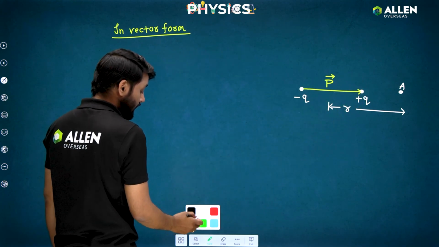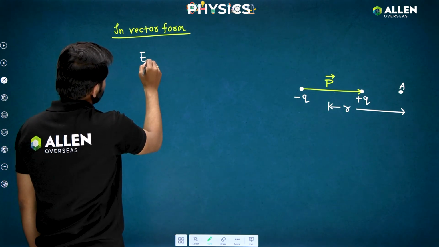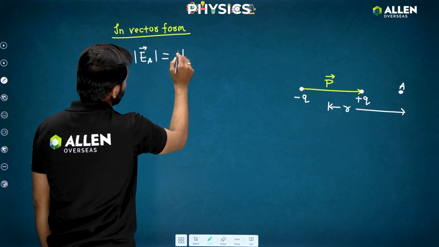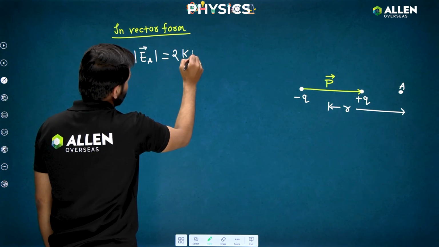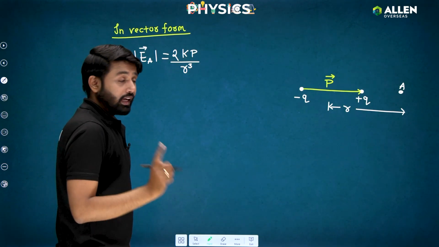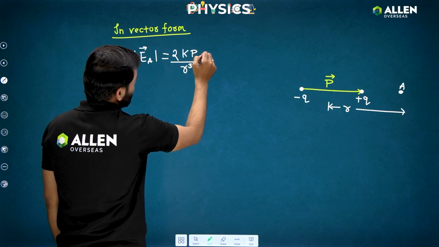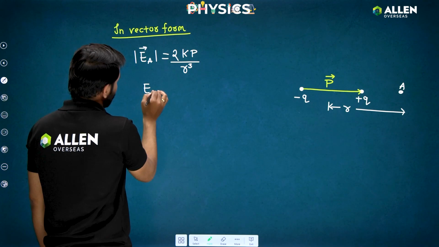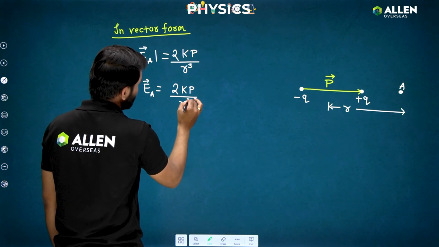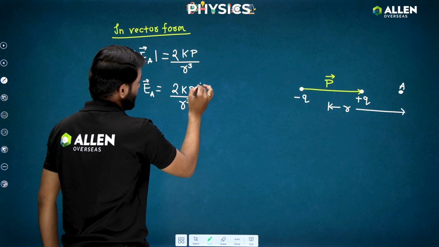Okay, students. So if you represent electric field in terms of magnitude due to dipole at the axis, this is 2Kp upon R cube. Is that clear, everyone? And in vector form, if you want to write, E A vector is equal to 2Kp divided by R cube. This is magnitude. We have to multiply with unit vector. So unit vector is P cap, right?